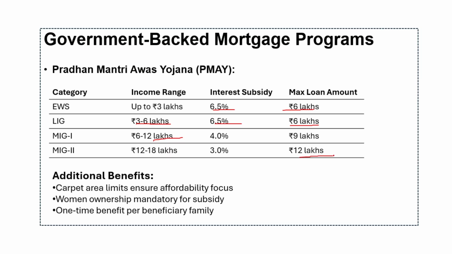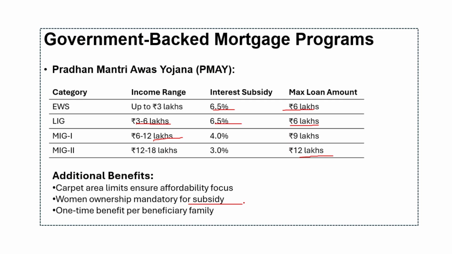So that is encouraging people to buy homes, and that is why they are giving these subsidies. Also, we have to note that women ownership is mandatory for subsidy. So promoting gender equality in property ownership, that is what is being encouraged by government here.